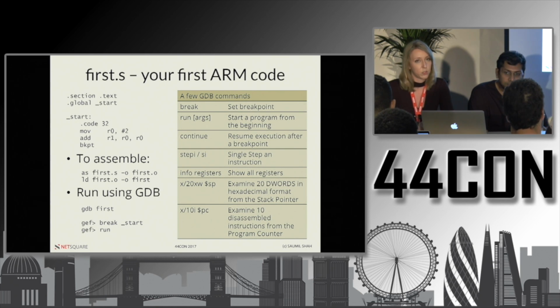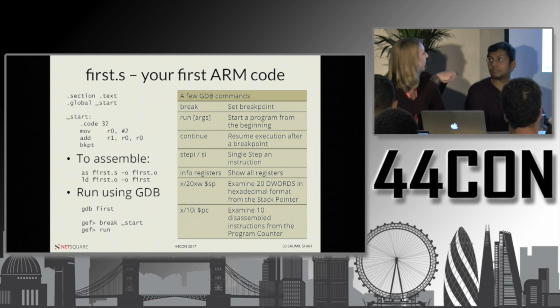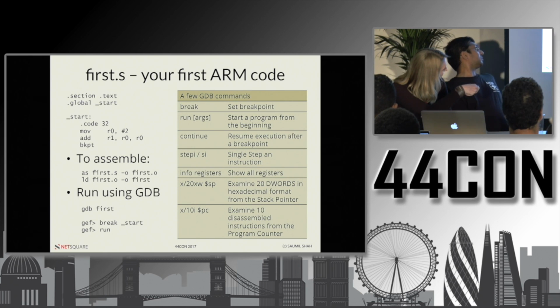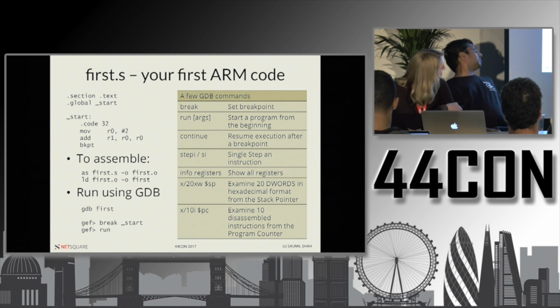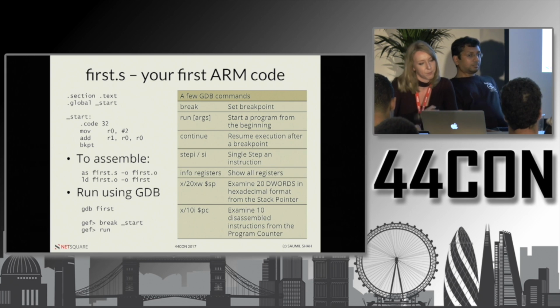Info registers will show you all the registers. However, you will see the registers in GDB anyway. And this interesting syntax you see here: the x stands for examine, and 20 means we want 20 words in hexadecimal format. That's what the second x stands for.